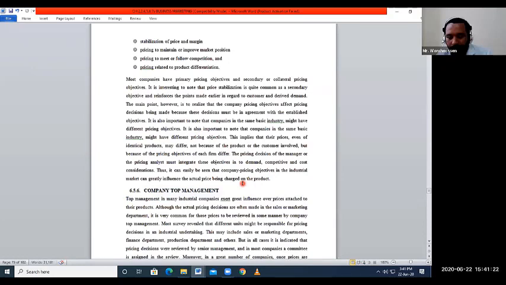So the ultimate decision makers of any organization is the top management. So top management in many industrial companies exert great influence on or over price attached to their product.